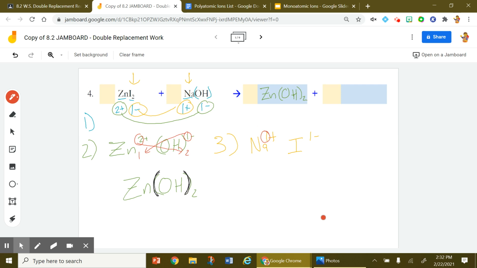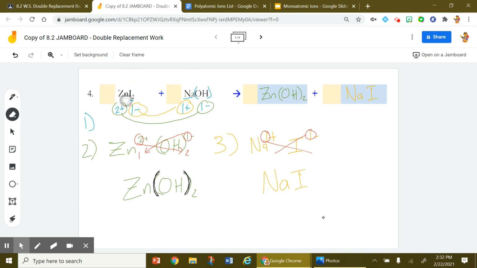You don't really even need to crisscross here because they have equal and opposite charges. You're just going to get 1 of each. So the formula is NaI, because sodium is 1+, iodine is 1-, so you only need 1 of each to cancel out the charge. All right, that's step 2.